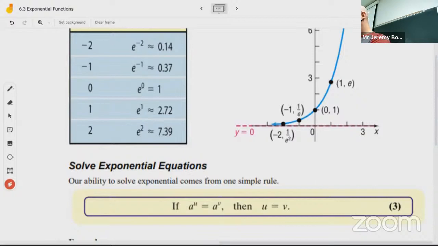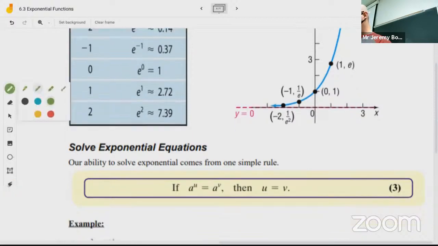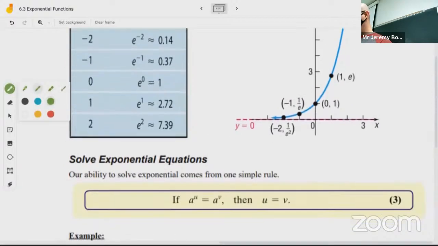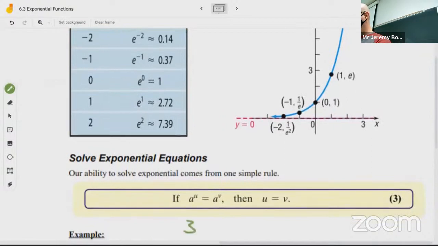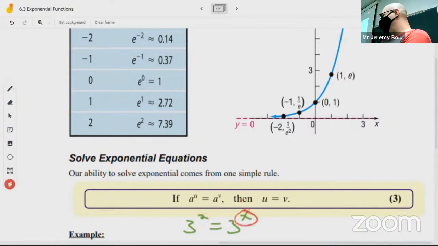So, if you are given 3 squared is equal to 3 to the X, it'd be 2 and X equal. Why? Because the only way to make 3 squared equal 3 to the X is for this number and this number to be the same.